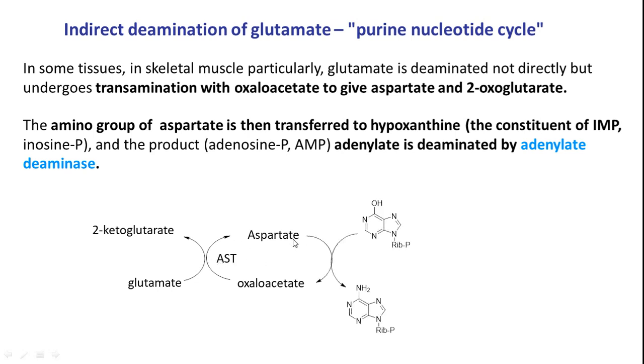Then aspartate transfers its amino group onto inosine monophosphate to give adenosine monophosphate, so aspartate reverts back to oxaloacetate and the cycle is complete. The amino group abstracted from glutamate is now in aspartate, and aspartate has shifted it so that now we have adenosine monophosphate.